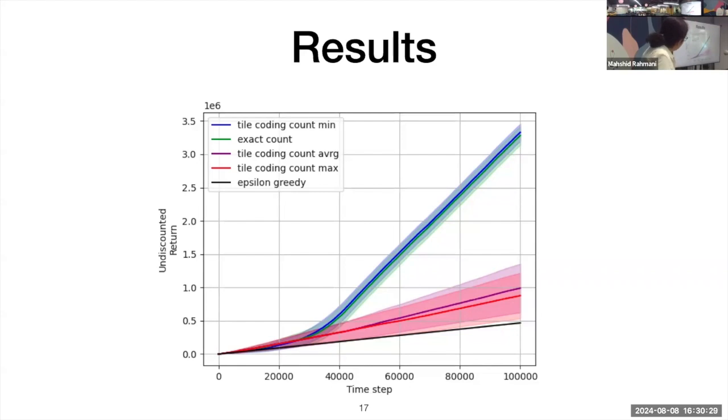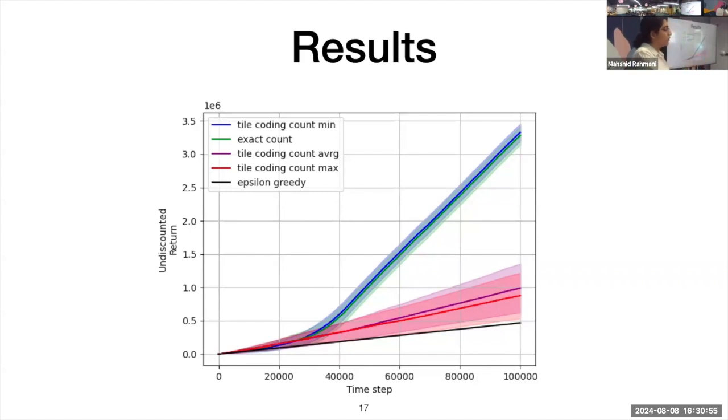The two on the bottom, red and purple, are tile coding with average and max. And the black one is epsilon greedy. So they're beating epsilon greedy, but tile coding with min matches the performance of exact count, which is understandable, since we're in a tabular environment that doesn't need generalization.